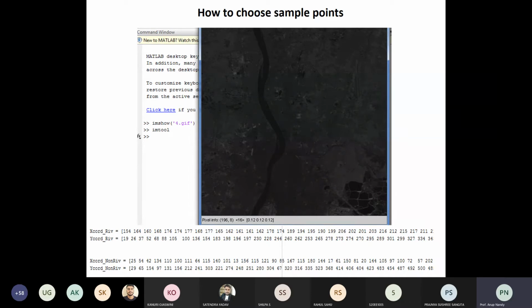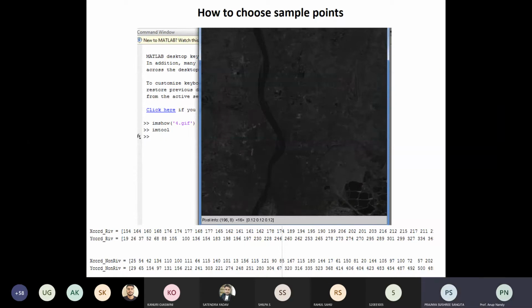So now if you just store this, what will be the total dimension of the feature vector for the river class? Can anyone tell me this? What will be the total dimension of the feature vector for the river class and for the non-river class?